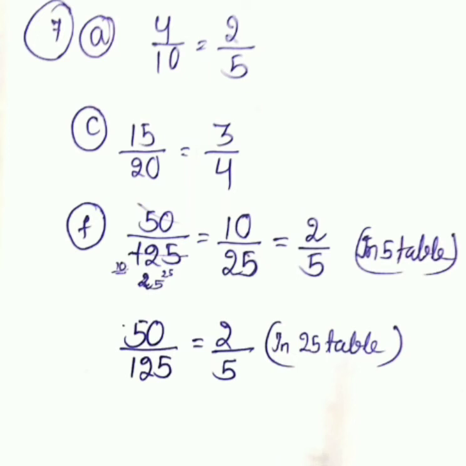So students, here see 50 by 125. Something I have written here. What is that? Just see. 5 10s are 50, okay? So we are cancelling this one.